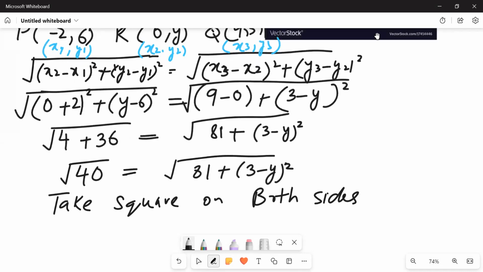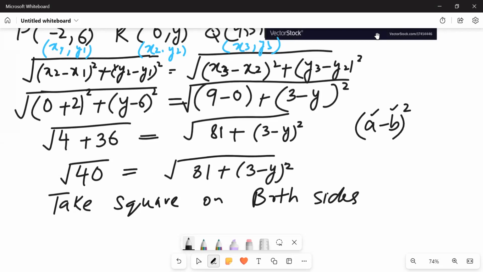No, no, no. We cannot write it's 9. 3 minus y, how can it be 9? This is the formula of (a minus b) square. This is another term, and this is another term. Both are different terms. We cannot subtract 3 minus y, because y is not any value. Y is just a variable.